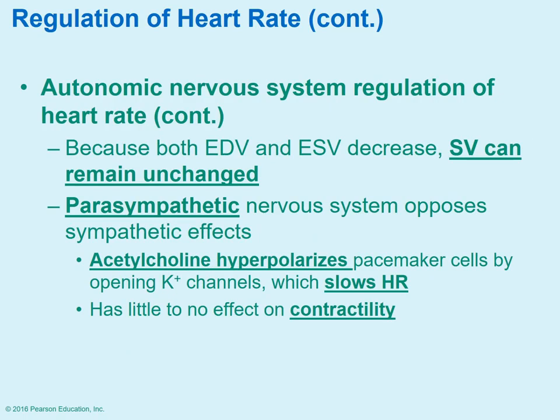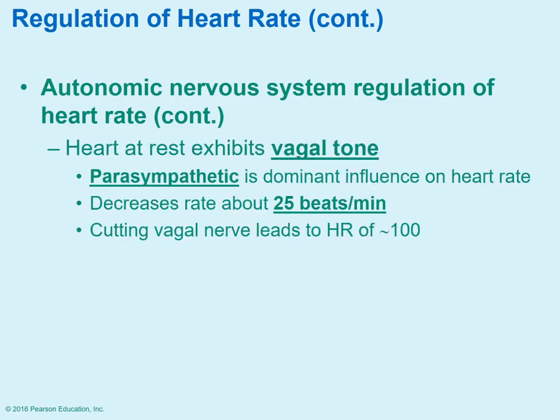Now, the parasympathetic nervous system does the opposite. It's going to slow it down. Acetylcholine hyperpolarizes the pacemaker cells. Remember, hyperpolarization is when it becomes even more negative, getting even further away from generating an action potential. Basically, it's going to slow the heart rate. The parasympathetic is going to be the main influence on the heart rate.